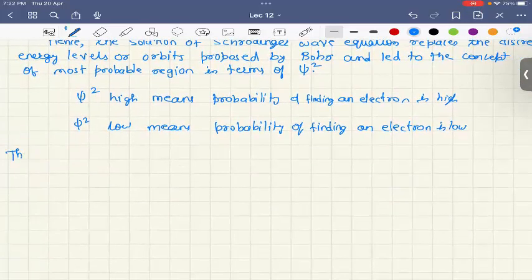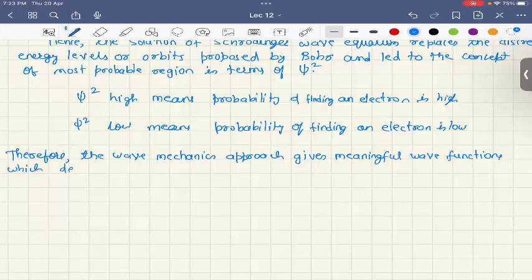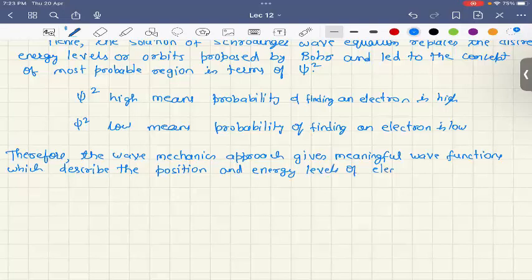Therefore, the wave mechanics approach gives meaningful wave functions that describe the position and energy levels of electrons in an atom, right?